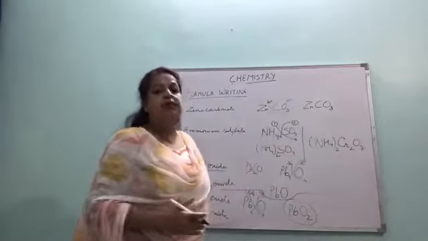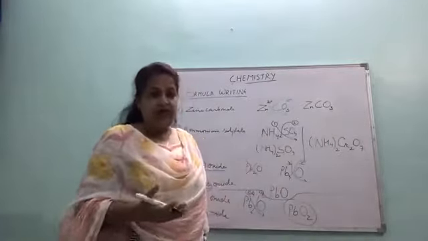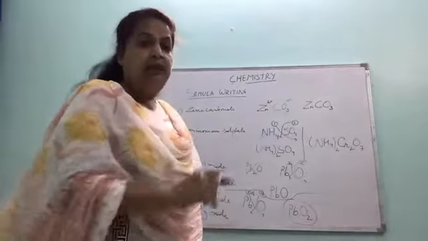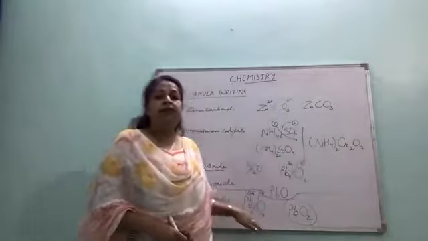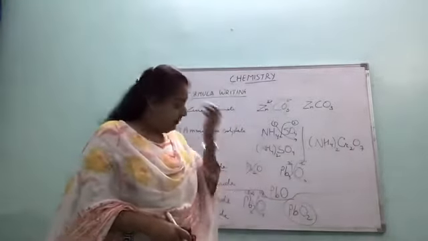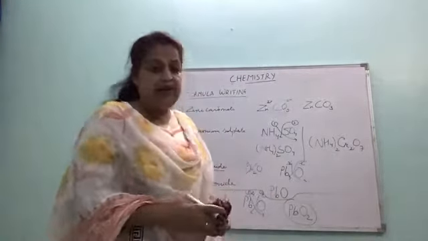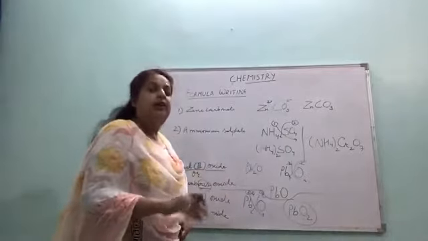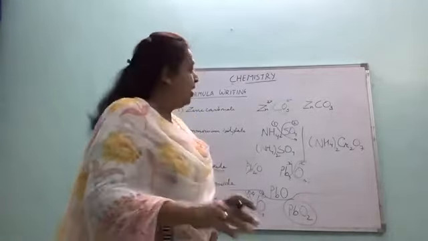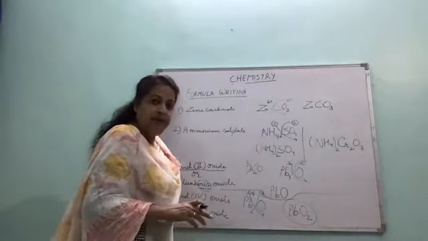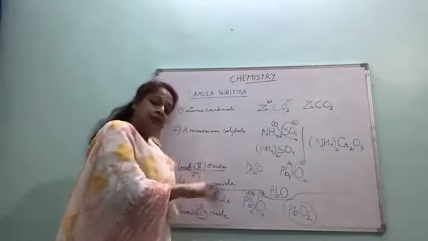You should be able to write it instantaneously. That should be your practice, and that is expected from this chapter. Once you have done it, you are expected to write the formulas directly. Learn the valency chart. It takes time, believe me, but it can be done. You have sufficient time nowadays at home, so you can practice it.